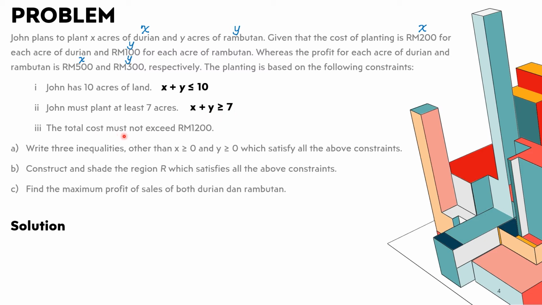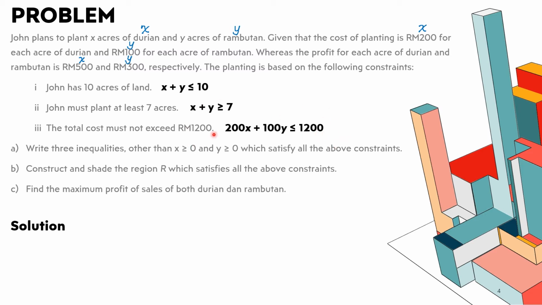The total cost must not exceed Rm 1200. So the cost for the durian is 200x plus 100y, 100 is the cost for the rambutan. Must not exceed means that it must be less than or equals to 1200.